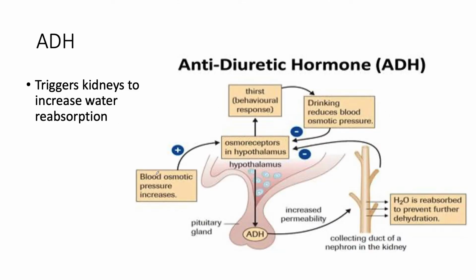ADH is going to get released when blood osmotic pressure increases. So for example, when you start to get dehydrated and your blood starts to get a little bit thicker, a little more stuff in it, there's more osmotic pressure in it. That is the stimulus that is going to trigger osmoreceptors in the hypothalamus.